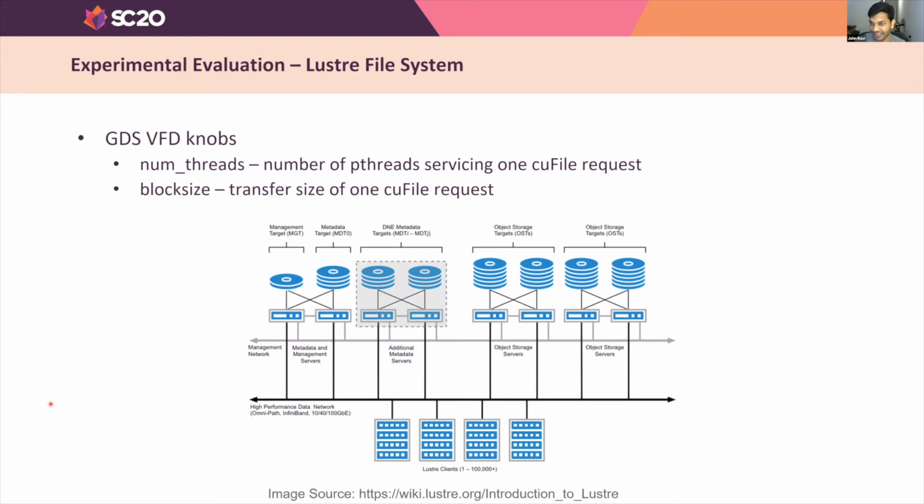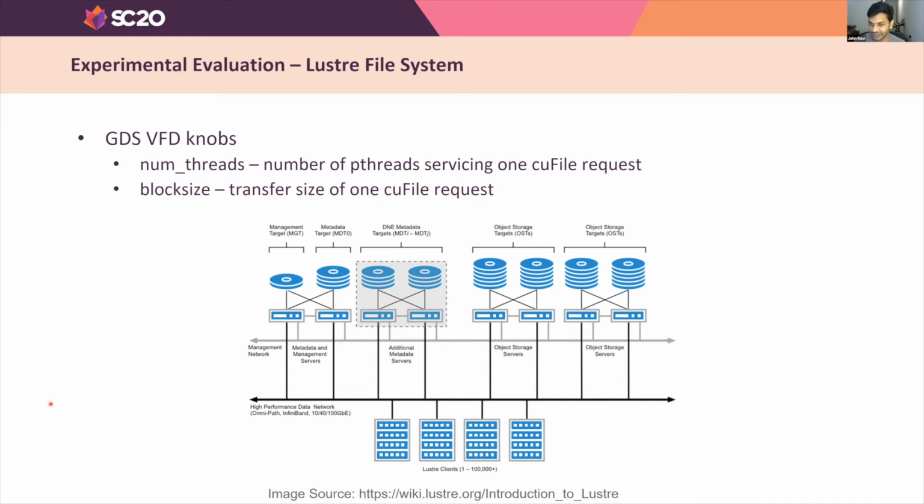On top of this, I wrote some extra knobs to take advantage of, especially for Lustre file system. For example, I basically enable pthreads to service each IO request to HDF5, and each IO request to HDF5 is serviced by multiple threads.